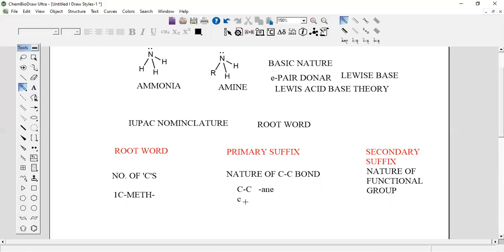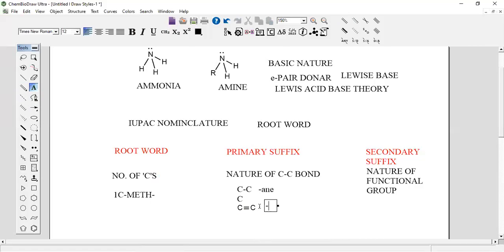We get the term ene, and we call it ene.